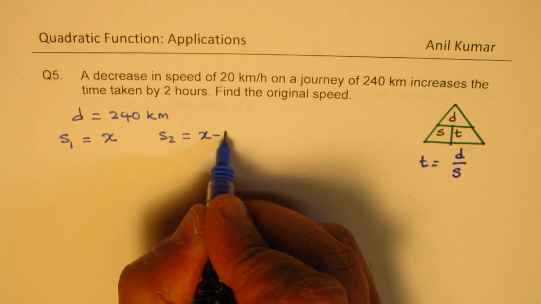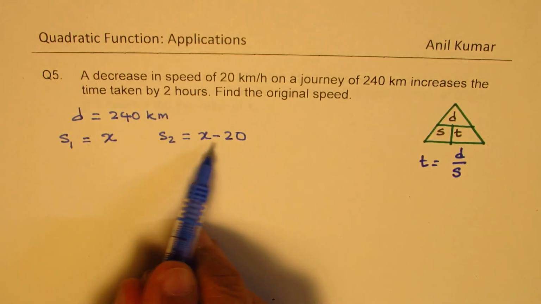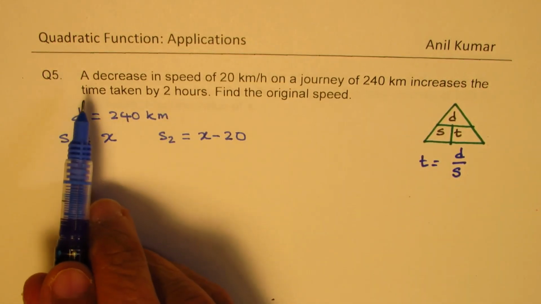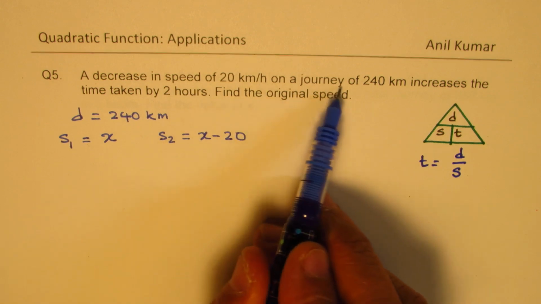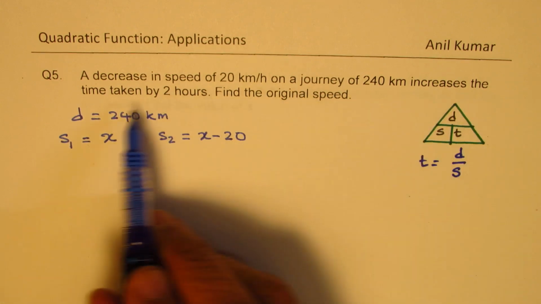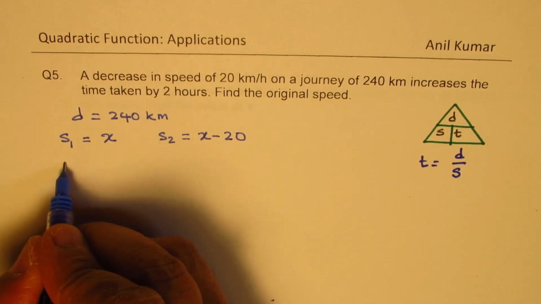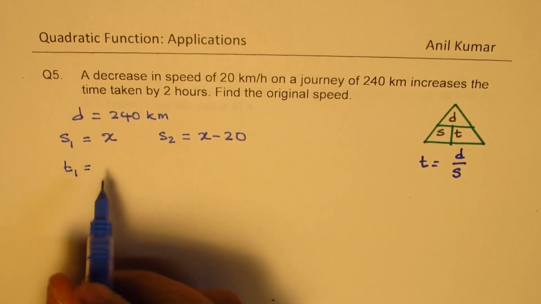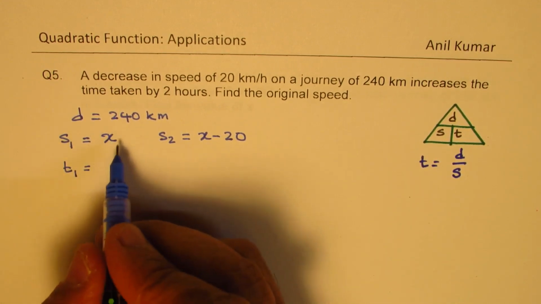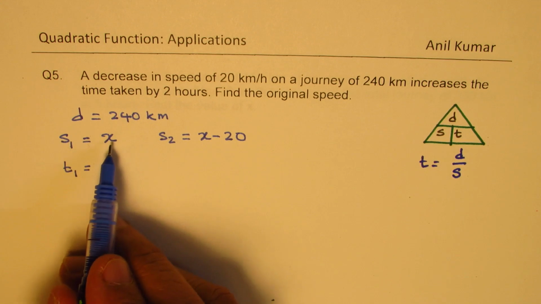That means x minus 20. Do you see that? So now it says a decrease in speed of 20 on a journey increases the time by 2 hours. The time in the first case, it is faster, will be lesser, but the time is the ratio of distance and speed.